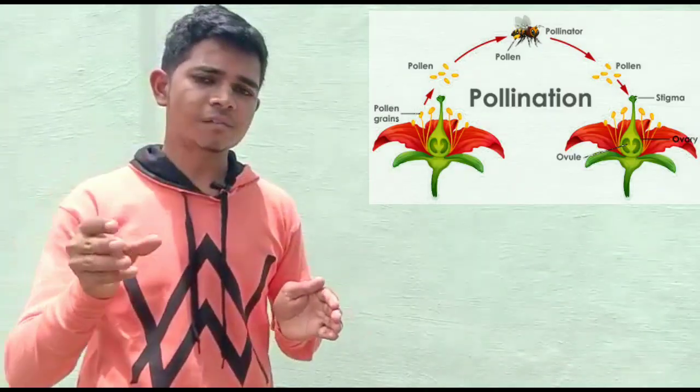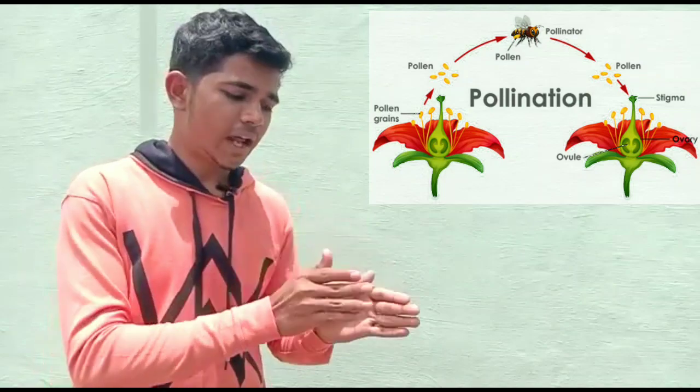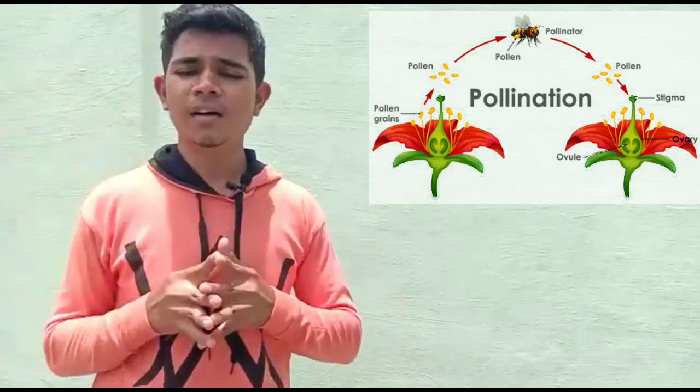Next, let us move towards pollination. What does pollination actually mean? It is the process of transfer of pollen grains from the anther to the stigma of the flower.